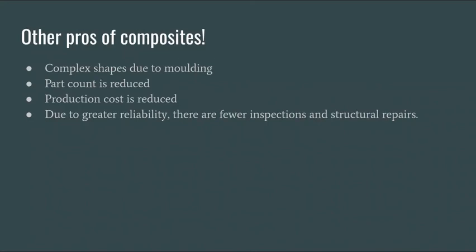So, like I said about bridges, you usually see bridges having to be repaired, or people will start to make new bridges because they are falling apart. So, this use of composites will lessen that need for repairs because they are stronger. They can withstand those certain environments.